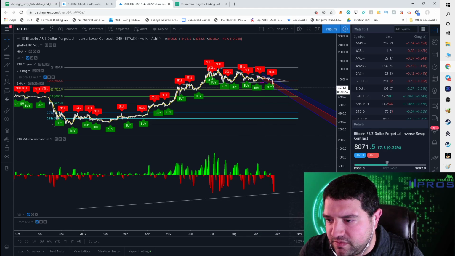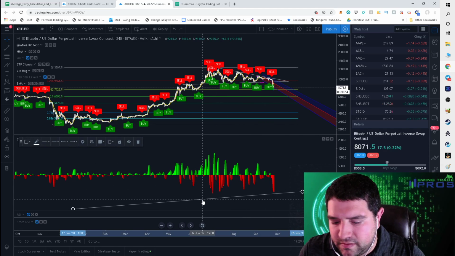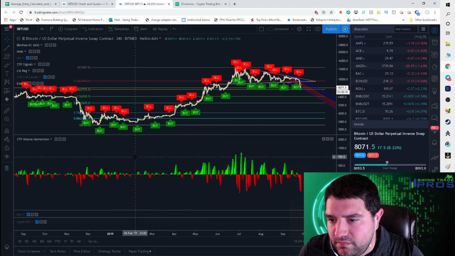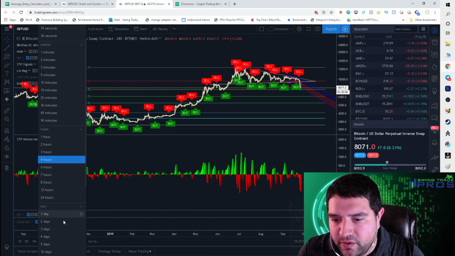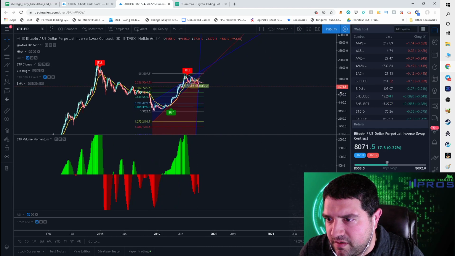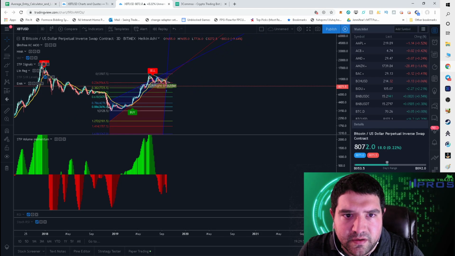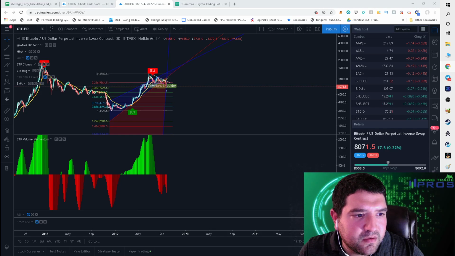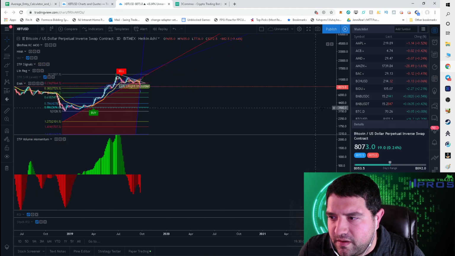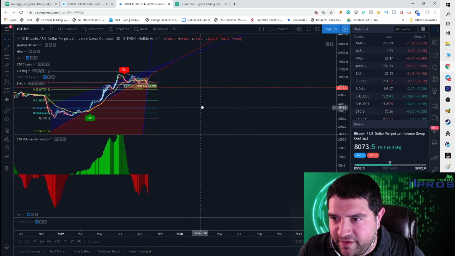So let me go back to this real quick. This is a 4-hour chart. I want to get a bigger picture here. So going back to using the fib tool, okay, guys?